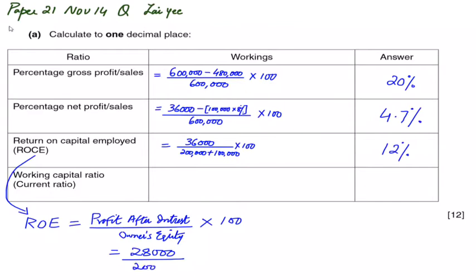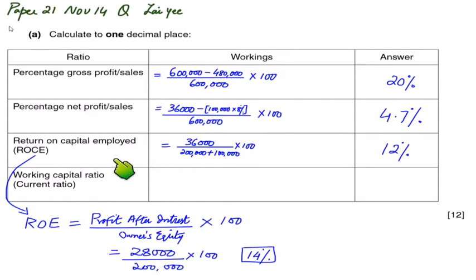The denominator would also contain only owner's capital, that is 200,000. So the owners have earned 28,000 on their investment of 200,000. So this would become 14% in this question. Although return on equity was not asked in the question, I've just calculated it for the sake of your understanding.